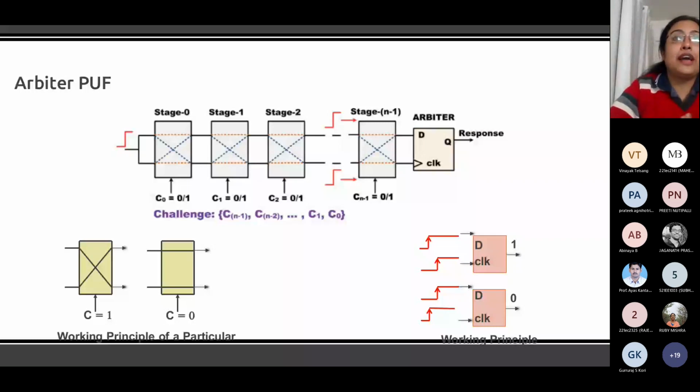So experimentally we have seen 32-bit or 64-bit or 128-bit. I specifically prefer 64-bit because if it is 128-bit, the critical path delay will be a lot. I have seen that a 64-stage arbiter path gives us good enough results.